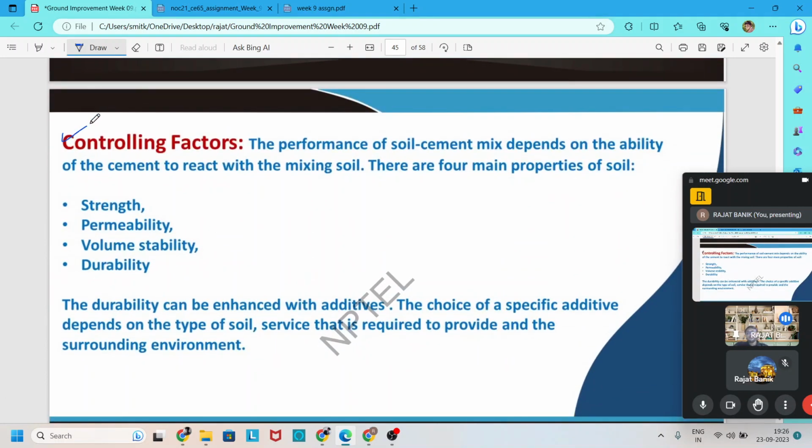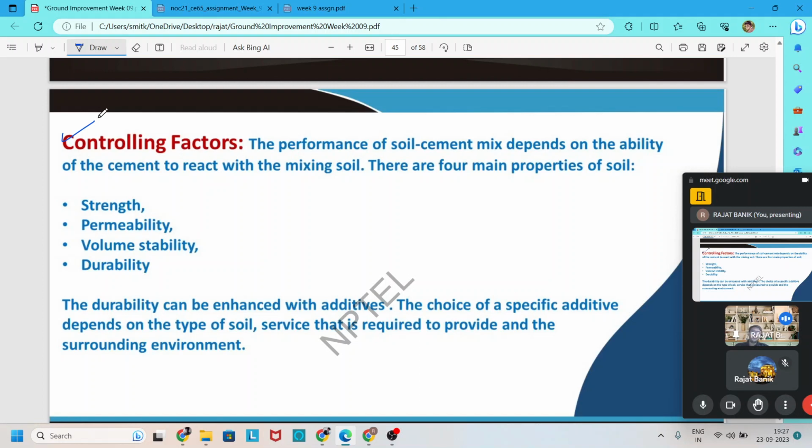Now we discuss the controlling factors of soil cement. It is said that the performance of the soil cement mix depends on the availability of the soil to react with the cement.